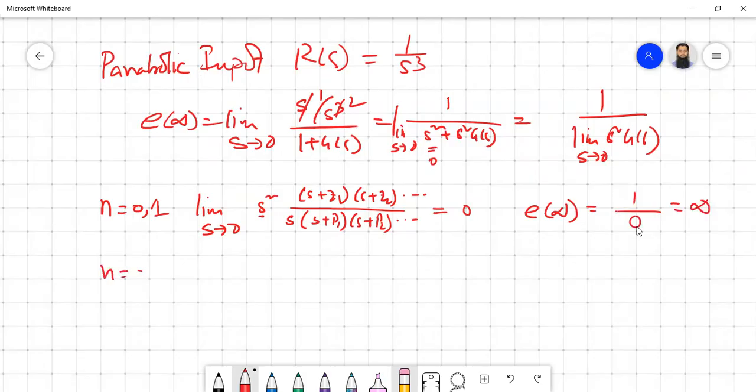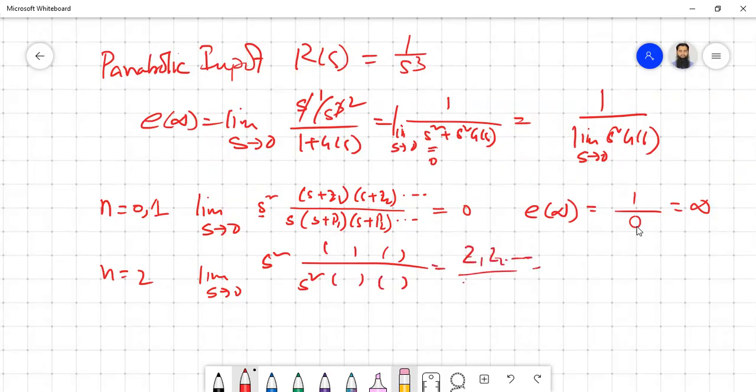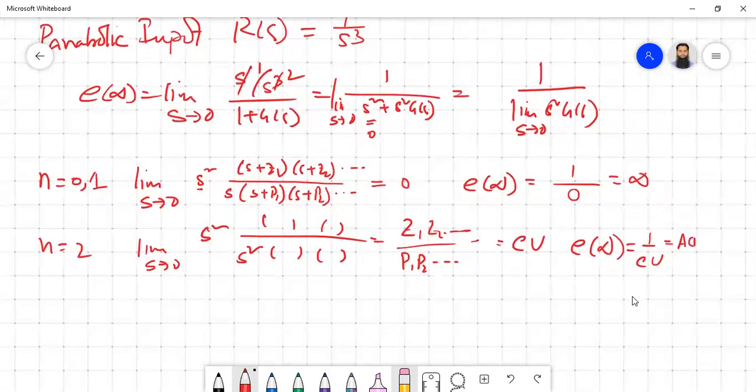Now, if n equal to 2, limit s tends to 0, then s square will be cancelling s square. Okay, so what will be left is z1, z2 goes on, p1, p2 goes on. So basically a constant value. So your steady state error will also be 1 by constant value, which is another constant value, a finite value.